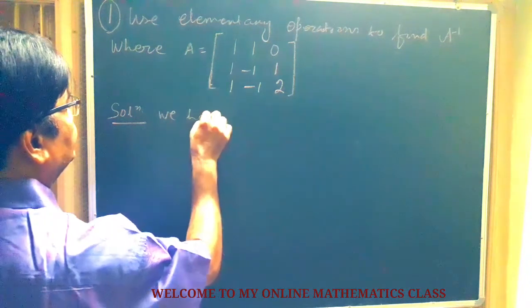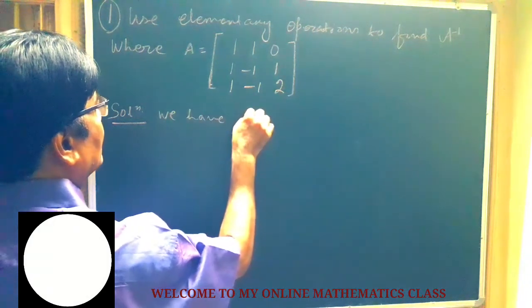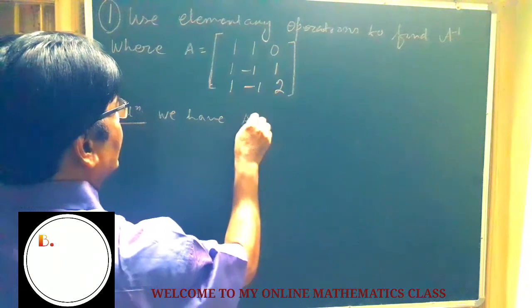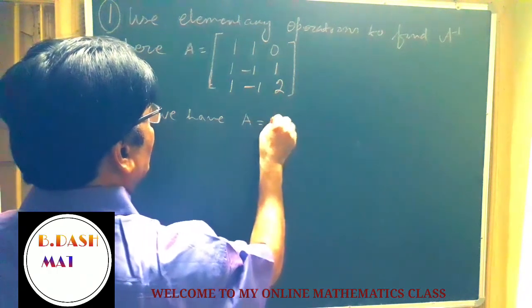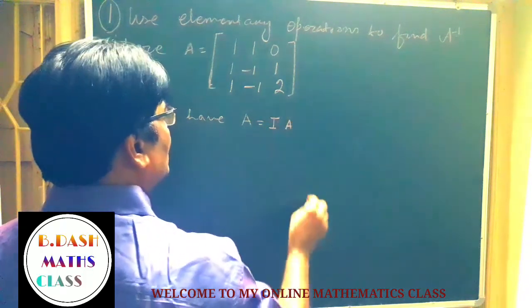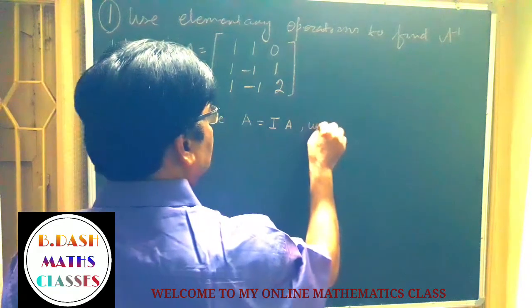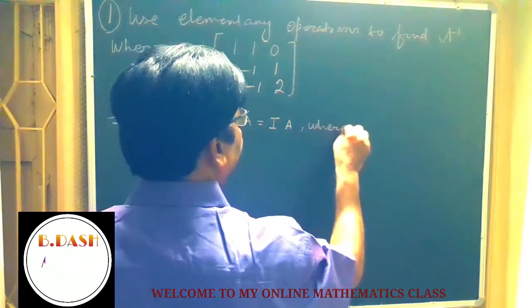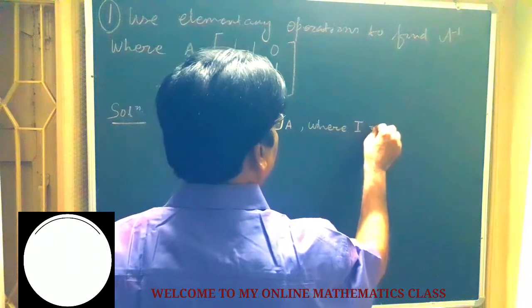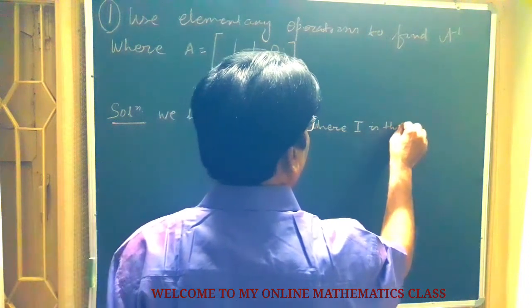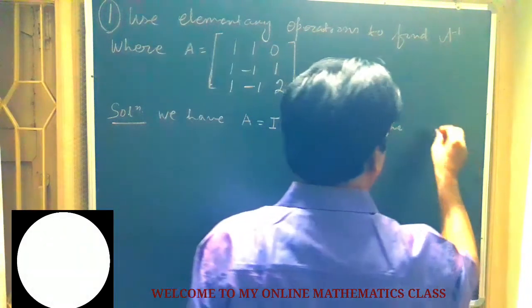We have A is equal to IA, where I is the identity matrix.